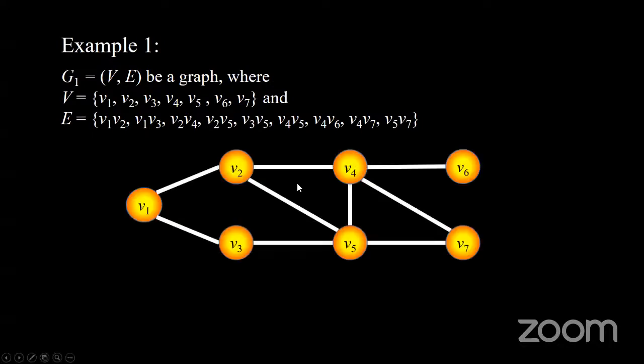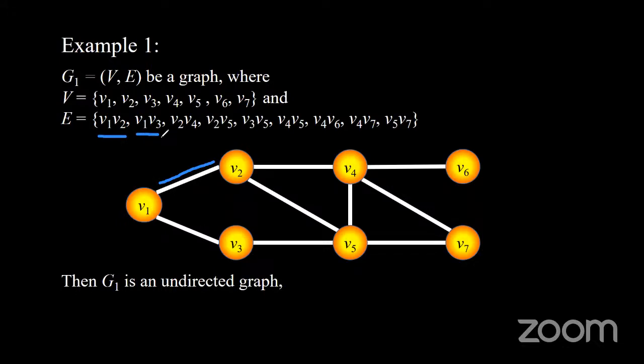Okay. So this is how you draw the graph. So here, for example, you have V1, V2, so that is this one. V1, V3, that is that. V2, V4, that is this one. V2, V5, that is that one, and so on. So that is all the edges of the graph. So this is an undirected graph.